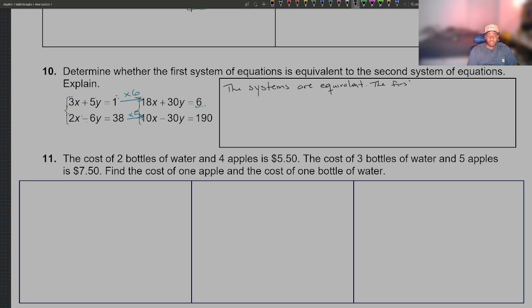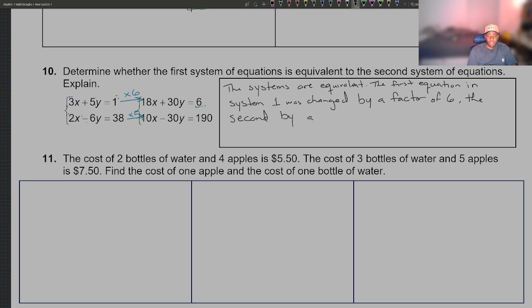The first equation in system 1 was changed by a factor of 6.